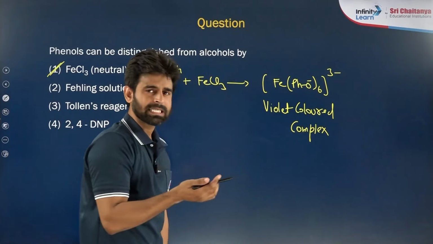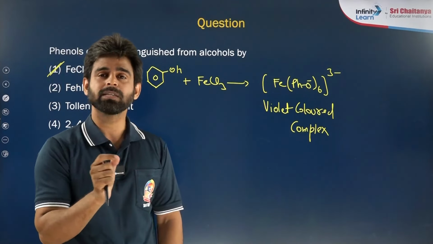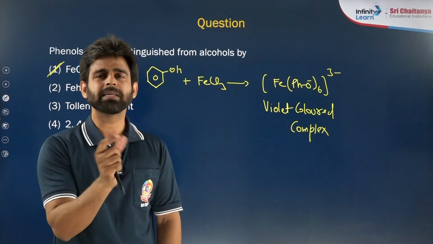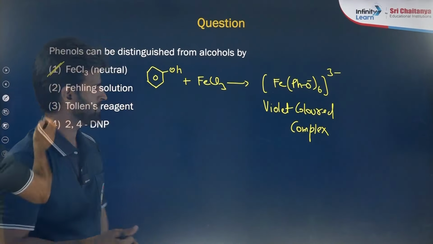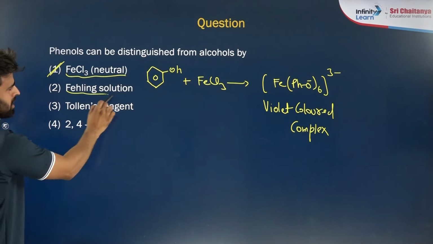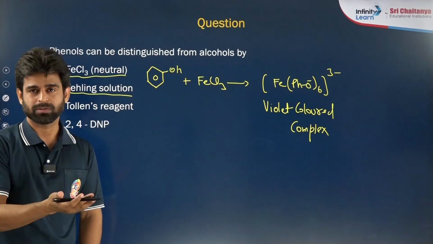For phenol testing, we can use one more test, that is the phthalein test, in which we use phthalic anhydride and finally you get a pink colored compound, right? So for this, FeCl3 is our answer. Fehling's solution we use to distinguish aldehydes from ketones, okay?